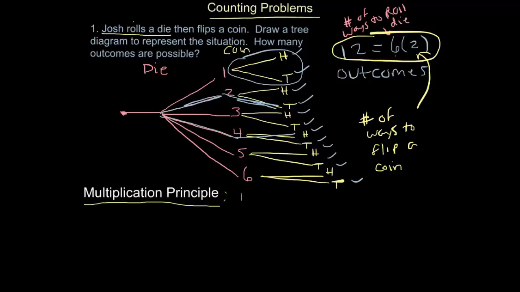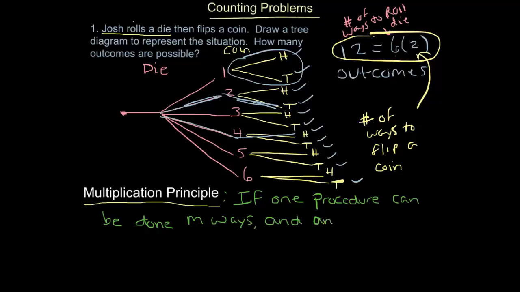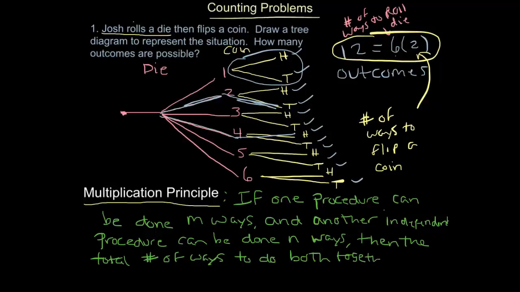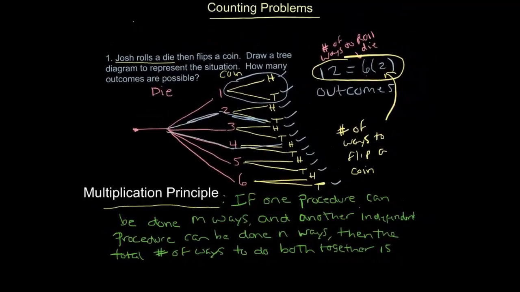So the multiplication principle formally says that if one procedure can be done m ways and another independent procedure can be done n ways, then the total number of ways to do both together is m times n.